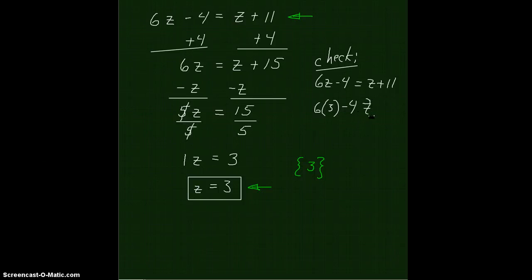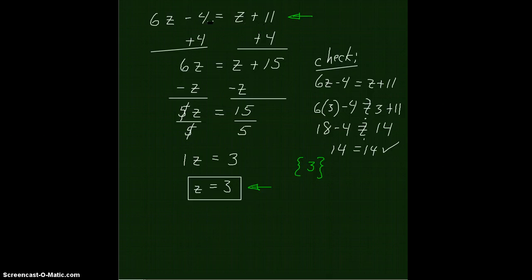The question is, does that equal 3 plus 11? Well, order of operations says I multiply first, so I get 18 minus 4. Does that equal, this is a question mark, does that equal 3 plus 11, which is 14? And I think you can see that, yes, 14 is equal to 14, so this checks. This is my solution.